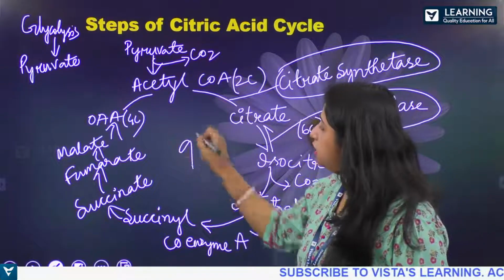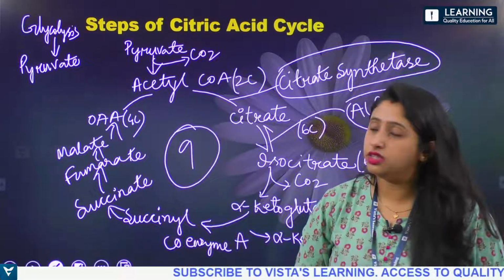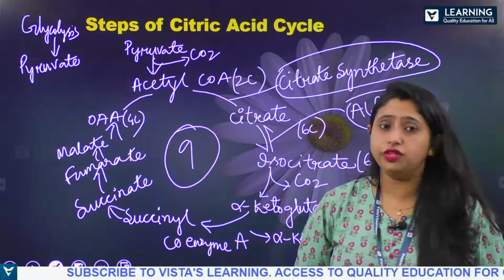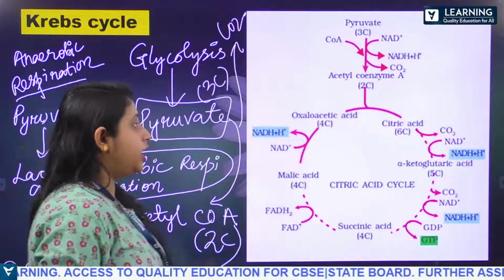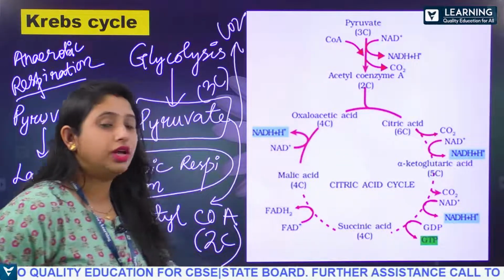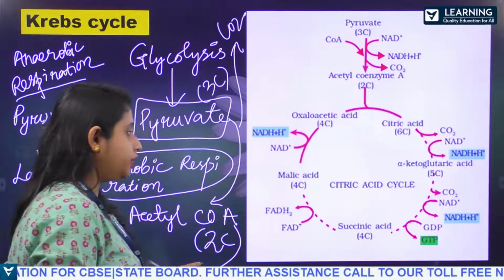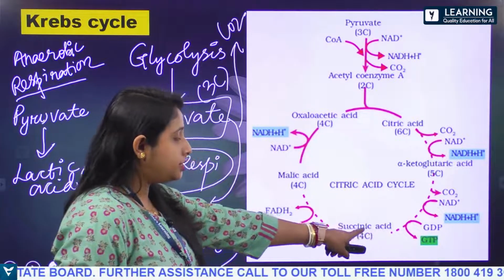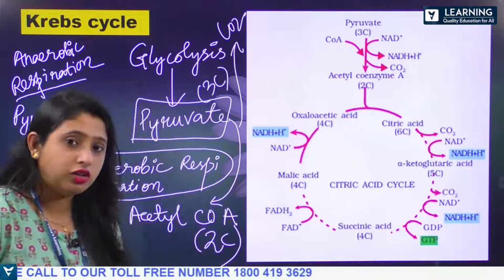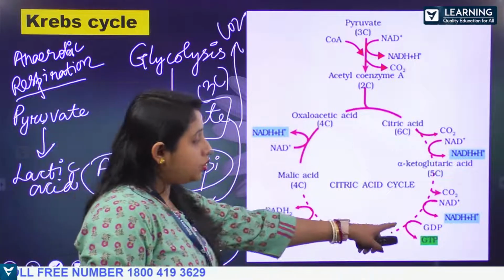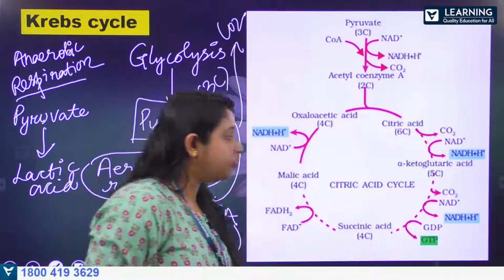So here a total of 9 steps are involved in the process of this Krebs cycle. In your book it is not given properly. In your NCERT, all the 9 steps are not shown properly. Here only succinic acid is formed, but before that there is another step, that is succinyl coenzyme A, from which succinate is formed.